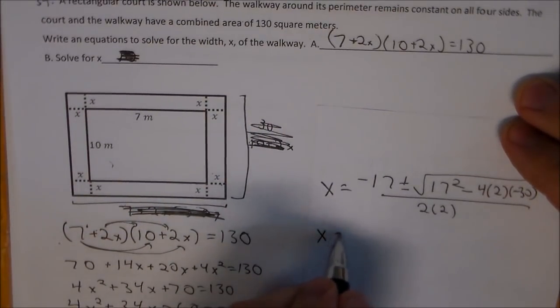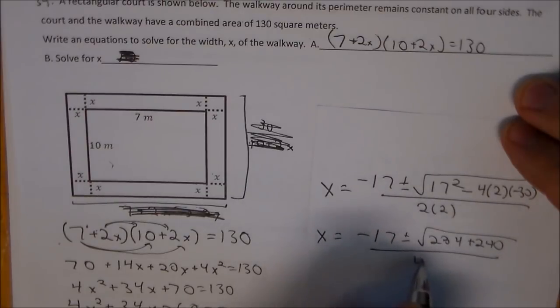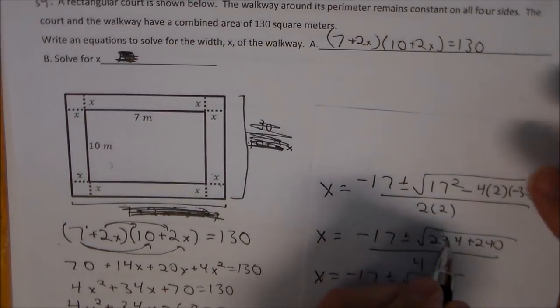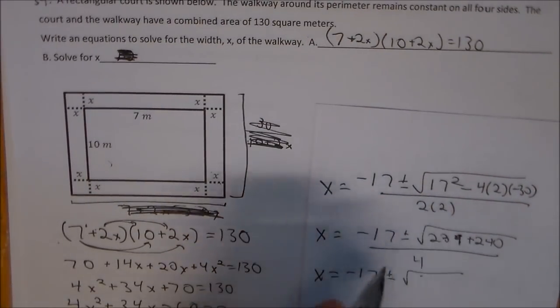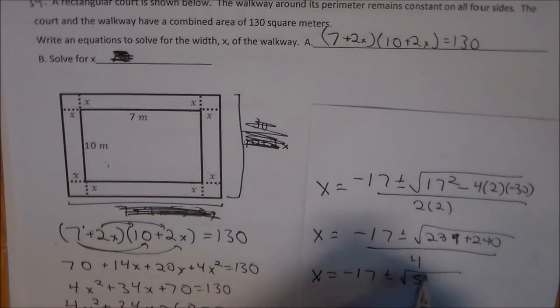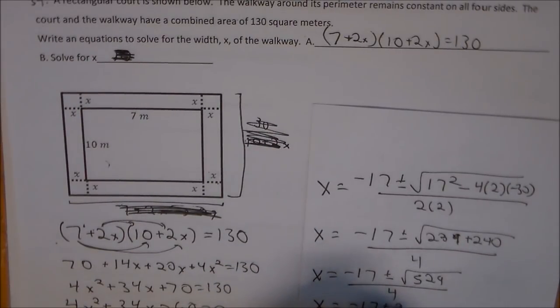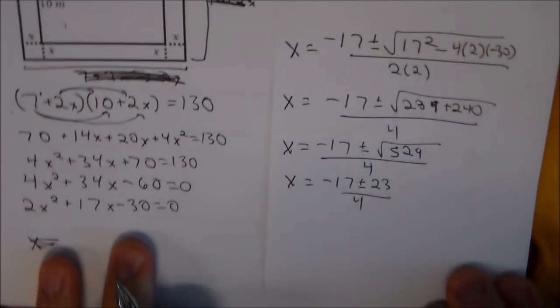So what we get now is negative 17 plus or minus the square root of 289 plus 240 over 4. Let's get it again, 17 squared plus 240, we get 529 over 4. This becomes negative 17 plus or minus 23 over 4.